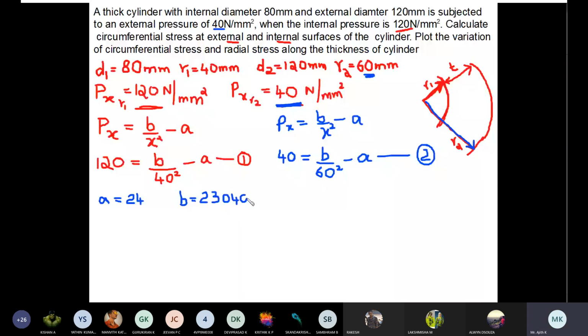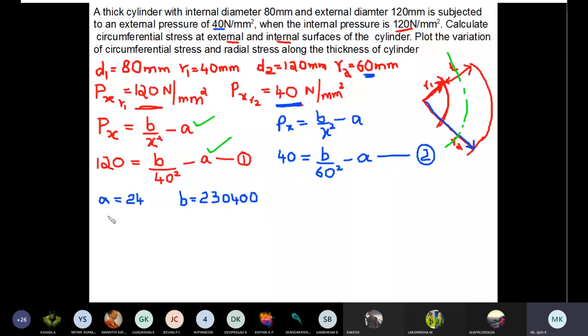After this, let me calculate the value of px at mid surface. To find the px value, I have to use the same equation.